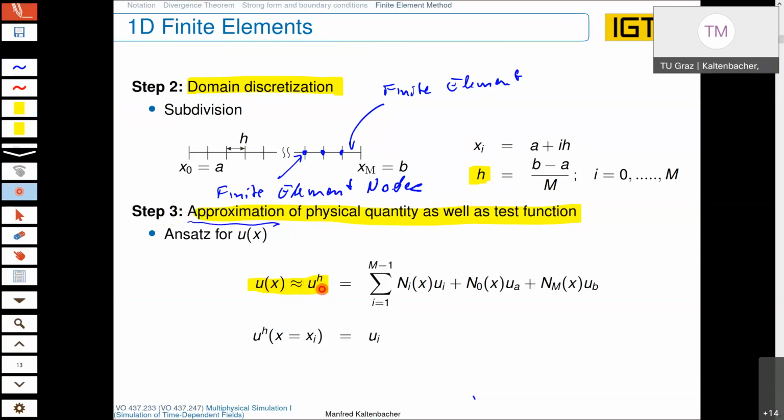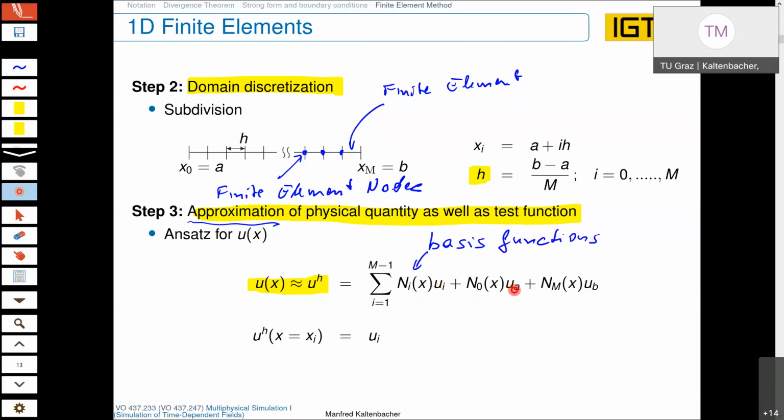The discrete one is a sum of so-called basis functions and the unknown physical quantity at each finite element node, where we do not know the value in advance.